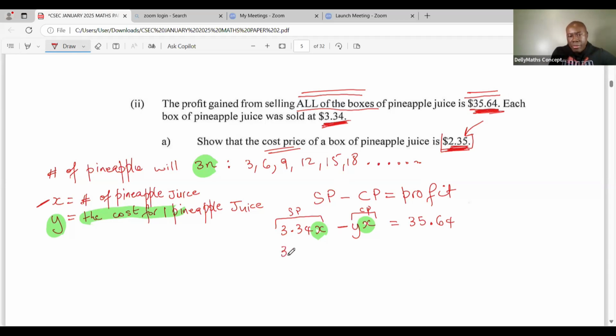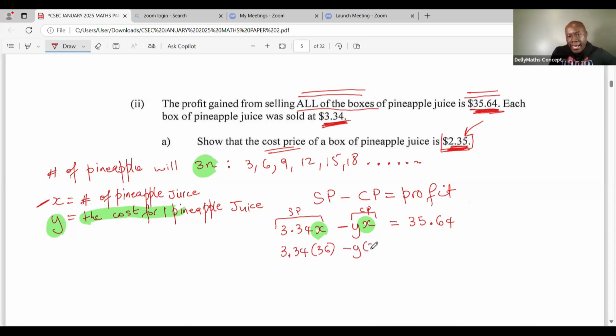So $3.34 times 36. Because remember now, we're saying that we can only sell pineapple juice in sets of threes. And since we make almost $36, I'm going to try 36 because we actually make less than $1 from one.